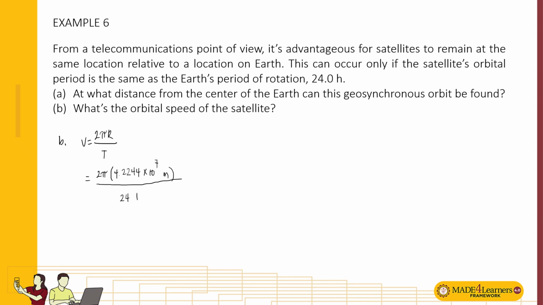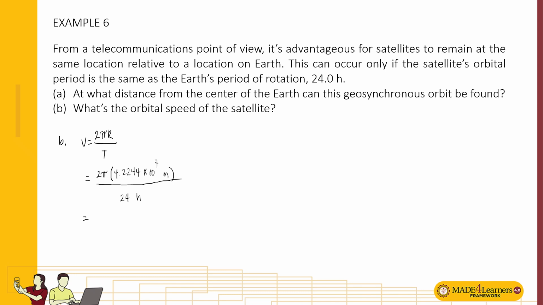You can convert that to seconds if you want, or you can have the unit in meters per hour. It does not say what unit is required, so we can just leave it as it is. So times 2 pi and then divided by 24.